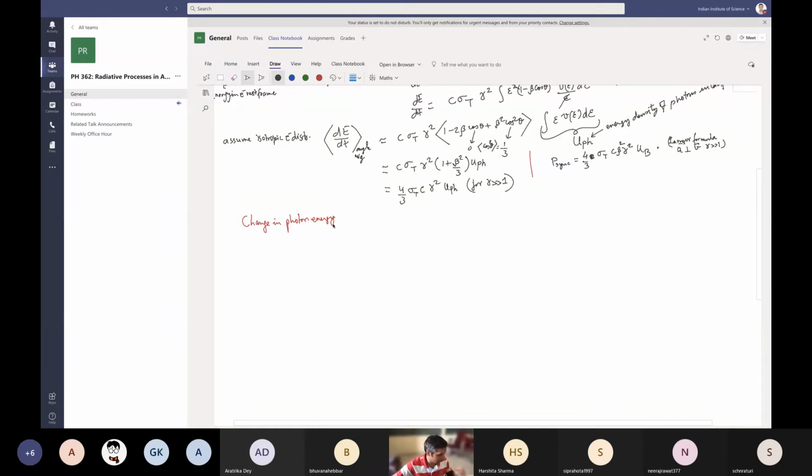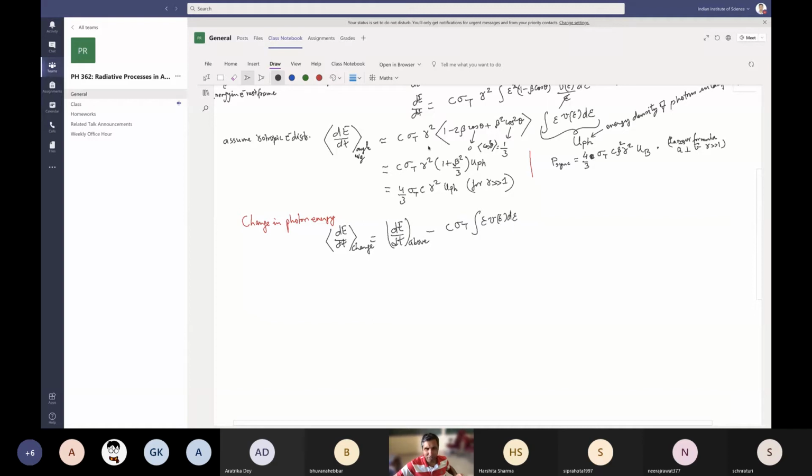So the change in photon energy is equal to dE/dt above minus c sigma_T epsilon v(epsilon) d epsilon.